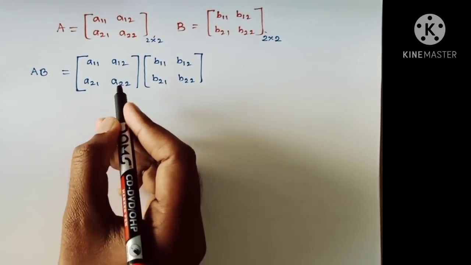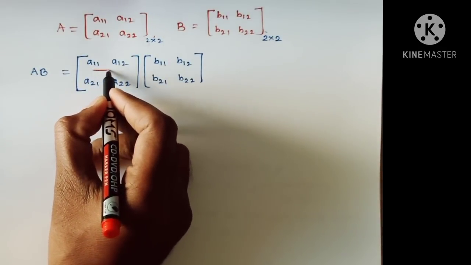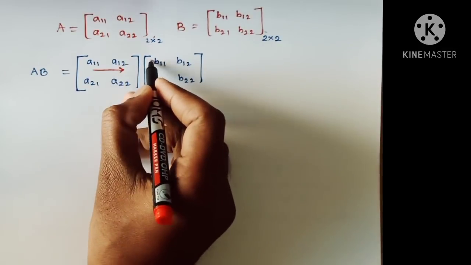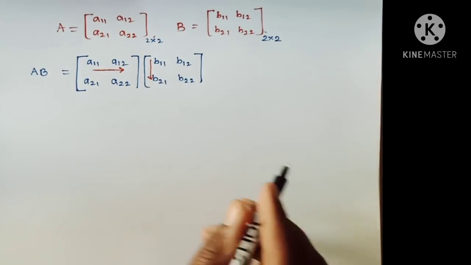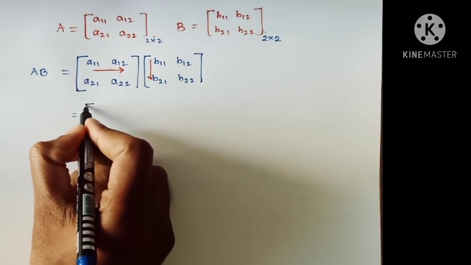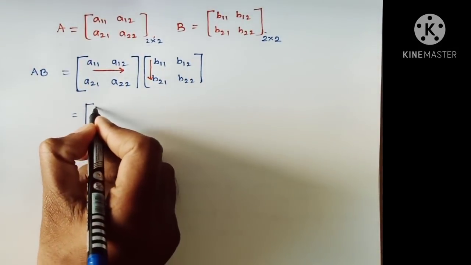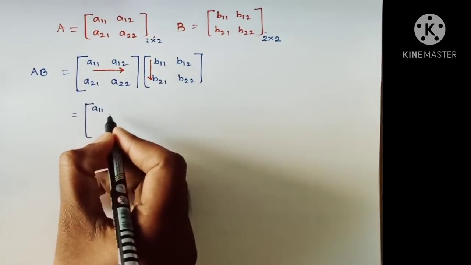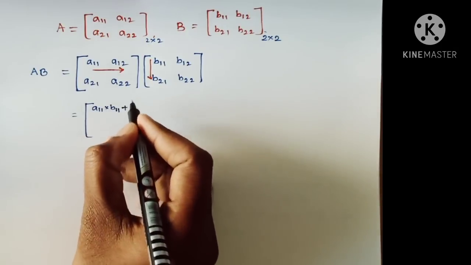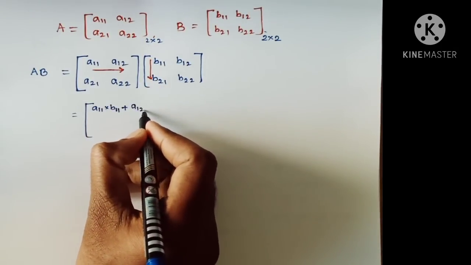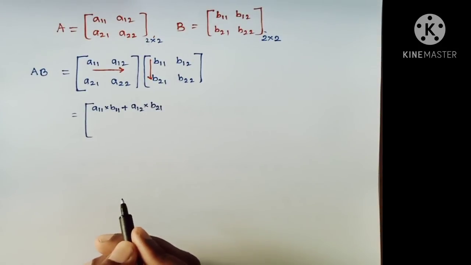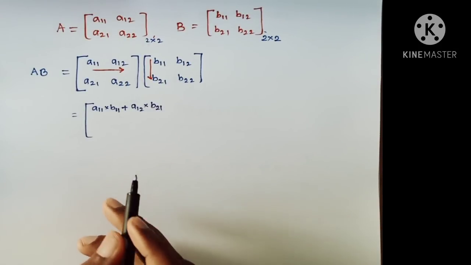By multiplying the corresponding elements of the first row with the first column, we get the first element of the resultant matrix, that is A11 into B11 plus A12 into B21.